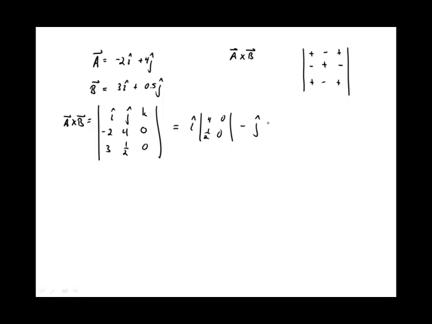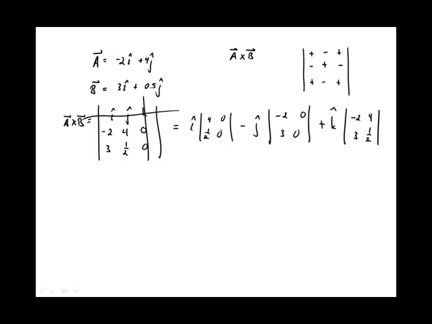All right, so minus j, cross out the column and the row that j is in, and I get minus 2, 0, 3, 0, and then plus k, cross out the column and the row that k is in, and I get minus 2, 4, 3, 1/2.